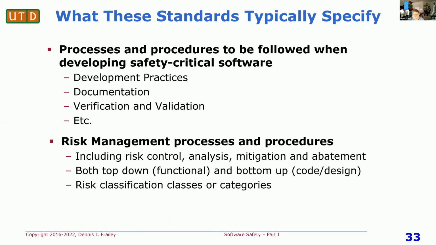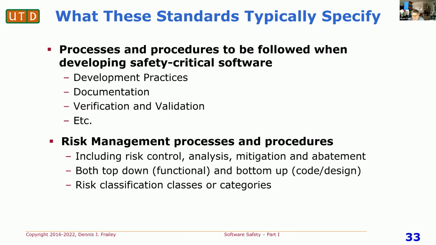Then they give you risk management processes and procedures, how you analyze for risks, how you mitigate for risks, how you reduce the likelihood of risks. That's called abatement. And they have both a top-down and a bottom-up type of a way of classifying these things.